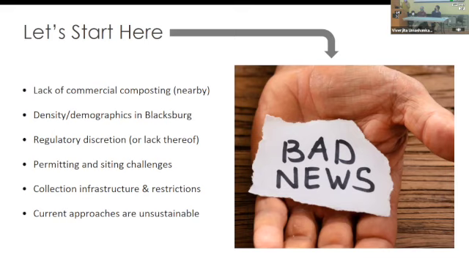Realistically, it's not going to be possible financially, logistically, or even environmentally for us to ship collected compost from Blacksburg to there in terms of just the environmental fossil fuel impact. And I would say it's fair to say that Virginia Tech is also recognizing that that's an unsustainable solution for them.